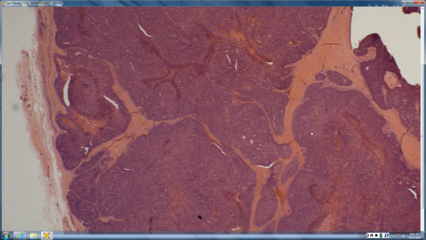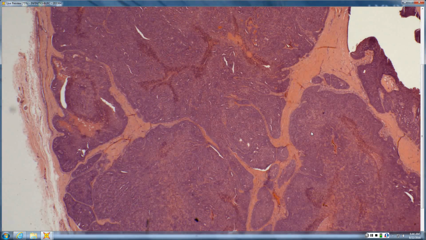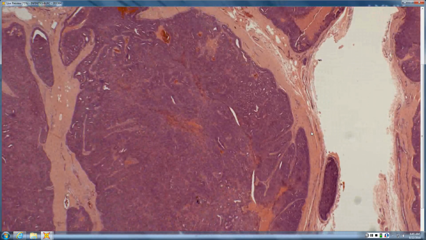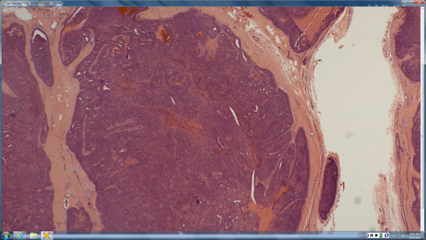So this first one is an aggressive digital papillary carcinoma, and actually the aggressive term has been somewhat removed from that, mainly because there used to be a digital papillary adenoma and then a digital papillary adenocarcinoma, but really they're all bad, and so we just got rid of the benign version and we just call them all adenocarcinomas now.